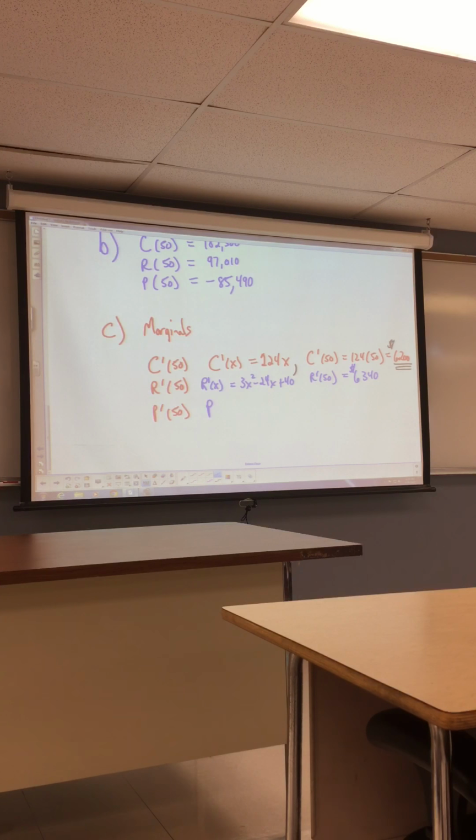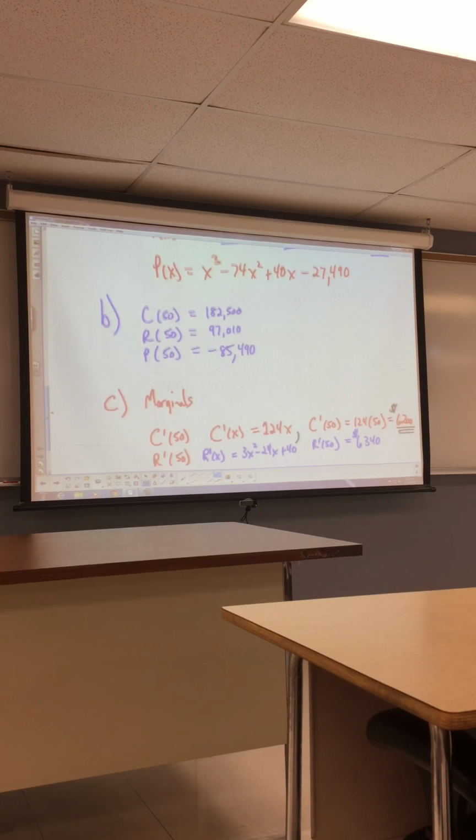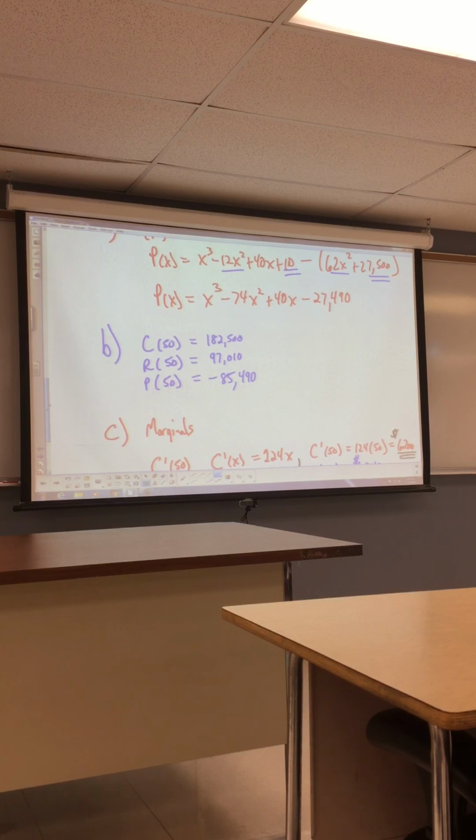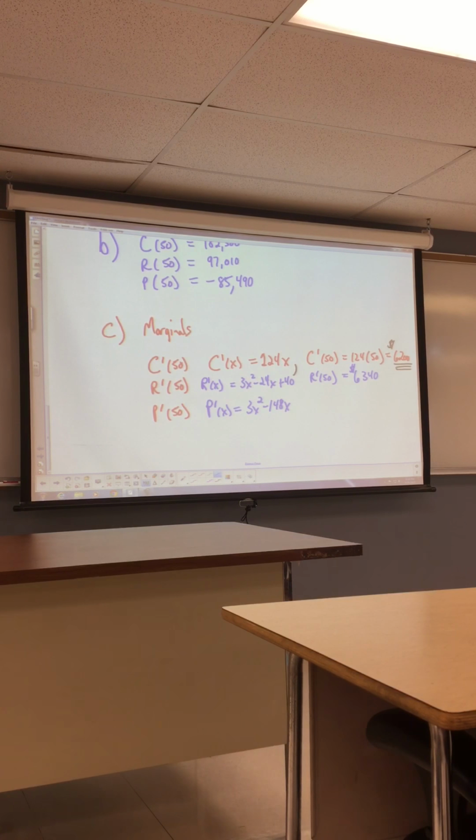And my profit, P prime, is gonna equal 3x squared minus 148x plus 40. And when I plug in a 50 into that, I am told that I make $140.